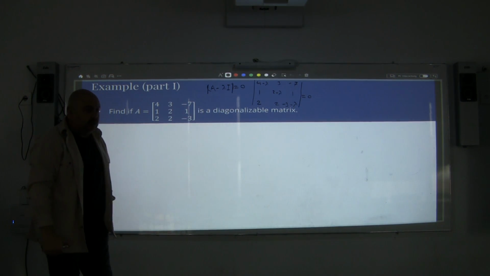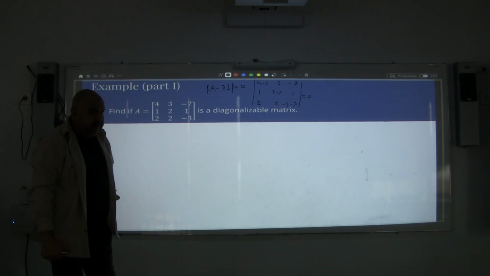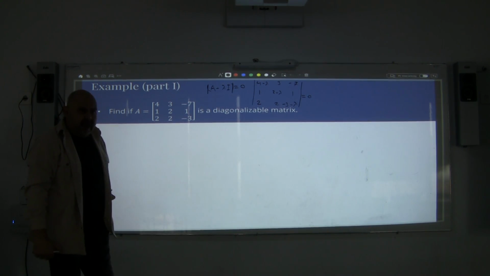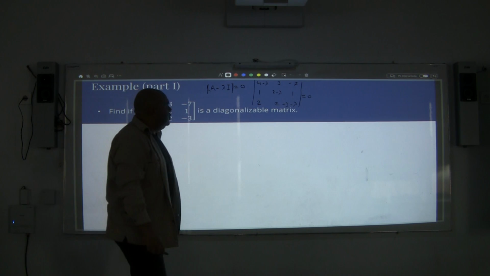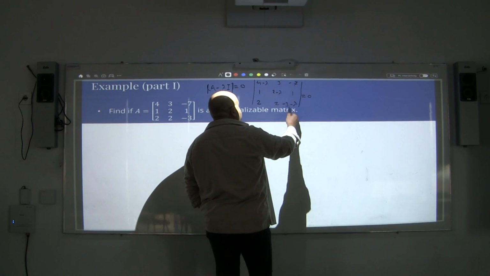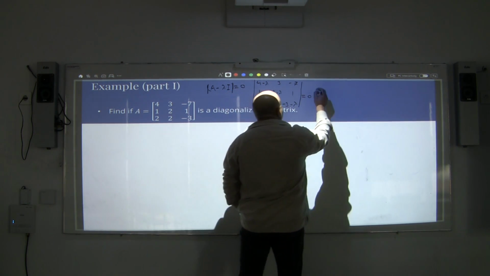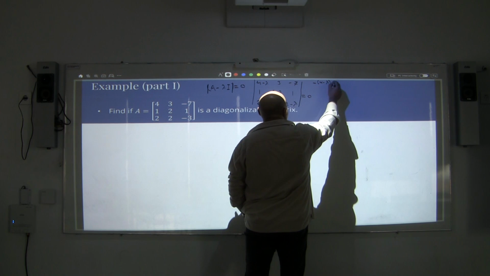If I want to evaluate the value of this determinant, it's really very simple. But you have to be well organized while you are trying to evaluate it. So I will start with 4 minus lambda times 2 minus lambda times negative 3 minus lambda. I believe you will have negative of 4 minus lambda, am I right?